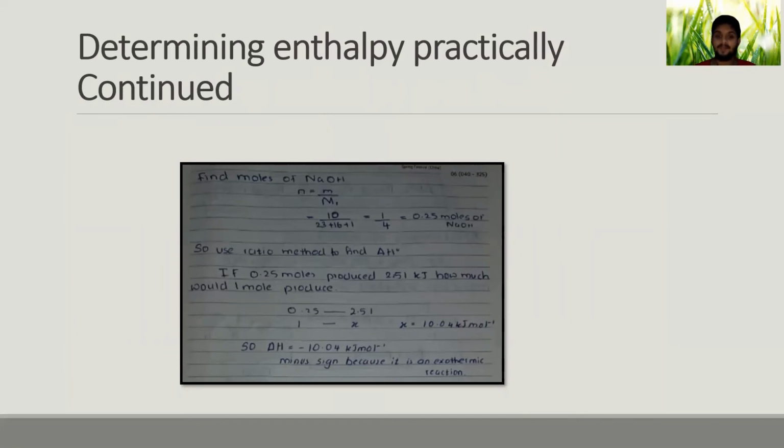Okay, so after performing that, you would see that you are getting this particular value, 10.04. This is according to my calculation for the example that I've done here.